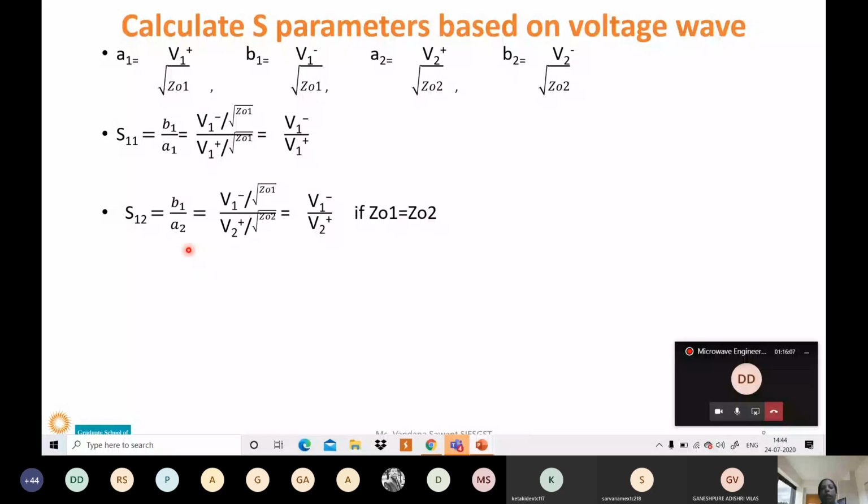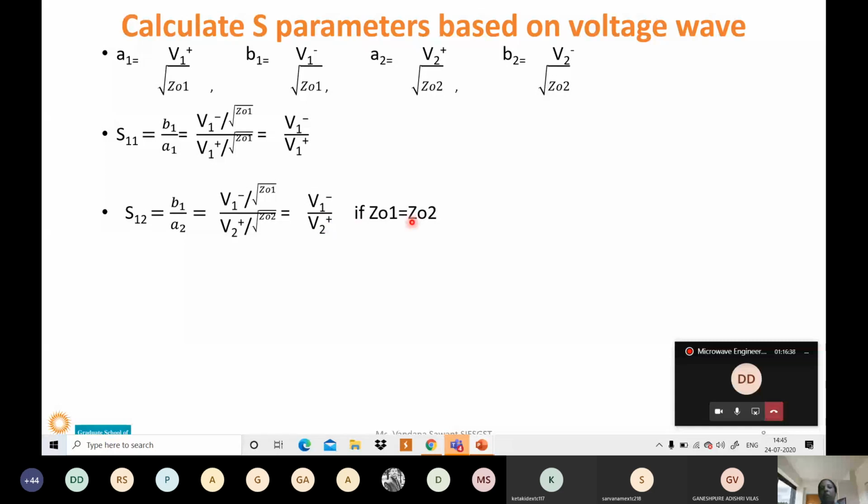In case both the ports, that is port 1 and port 2, are perfectly matched with the impedance, if port 1 and port 2 have the same impedance, then Z01 is equal to Z02. If Z01 is equal to Z02, then these two will get cancelled, otherwise they will remain in the formula.